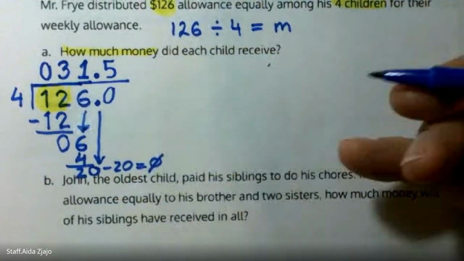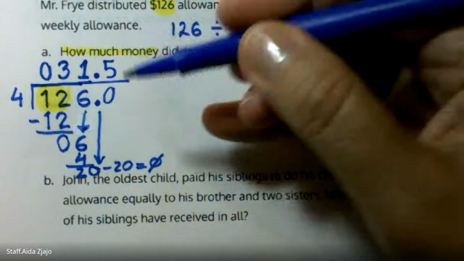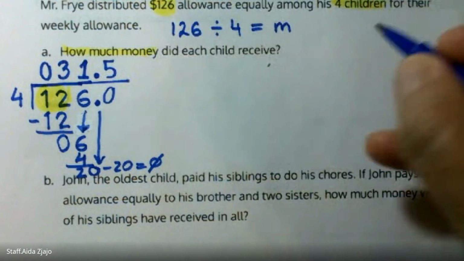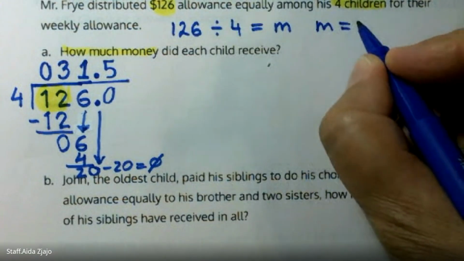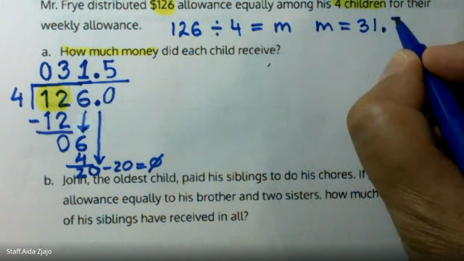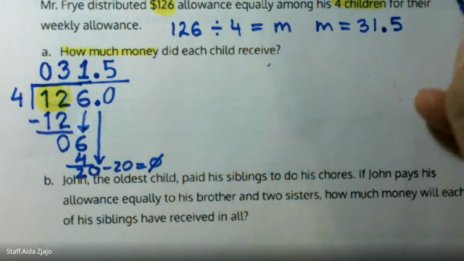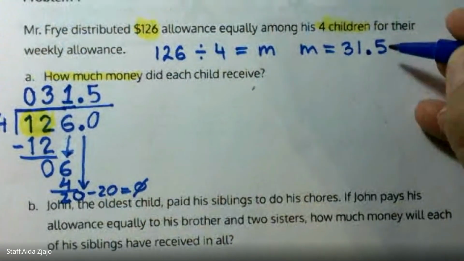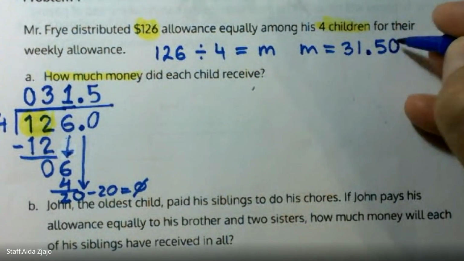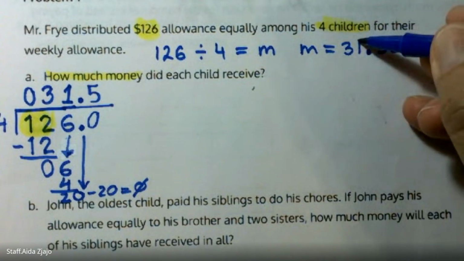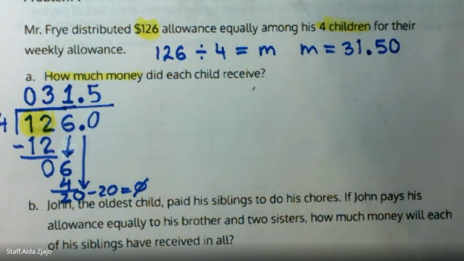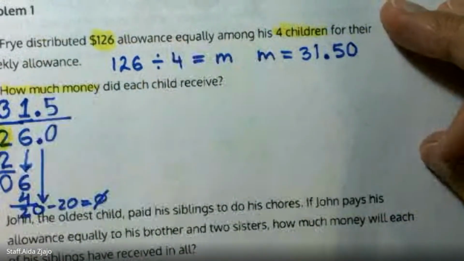I just do a side subtraction. So we know that m is $31 and five dimes. We can also say that 5 dimes is 50 cents. So each child will get $31.50. That's one way of seeing it.